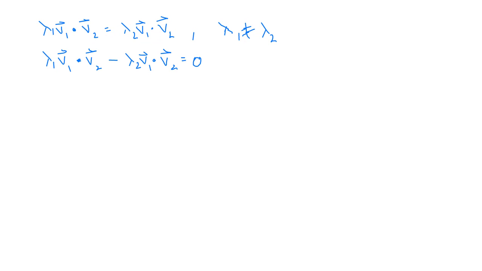And then it looks like I have a common factor, V1 dot V2. So I can factor that. Okay, and I get to here.